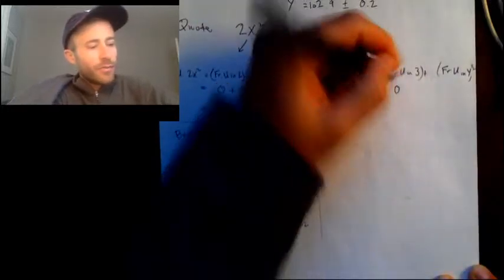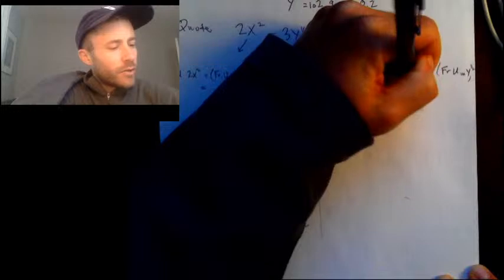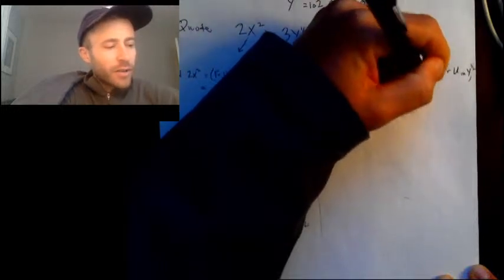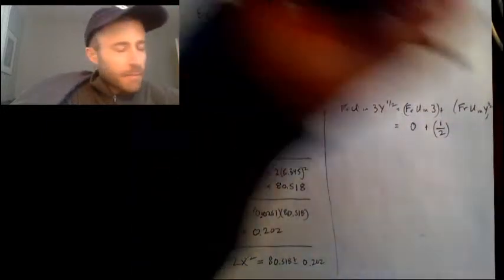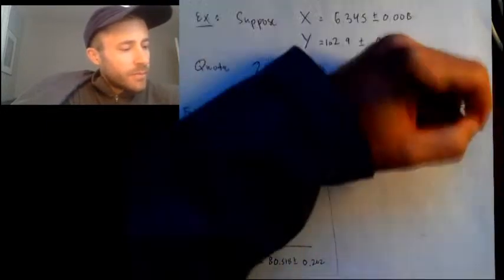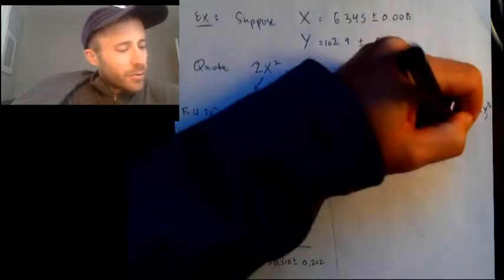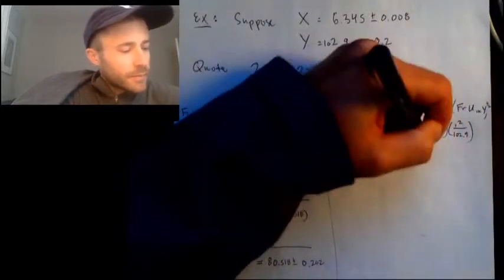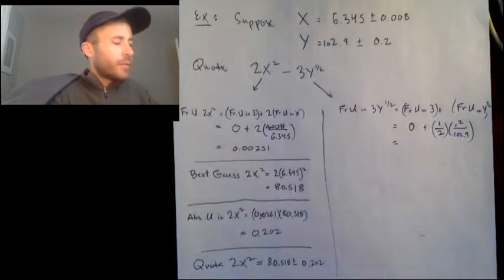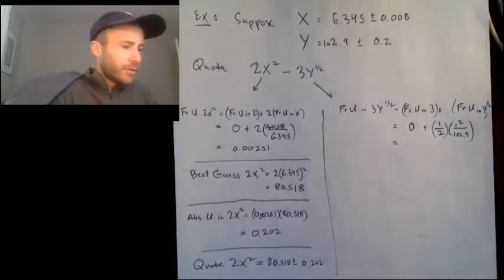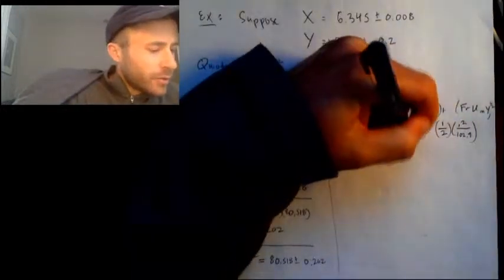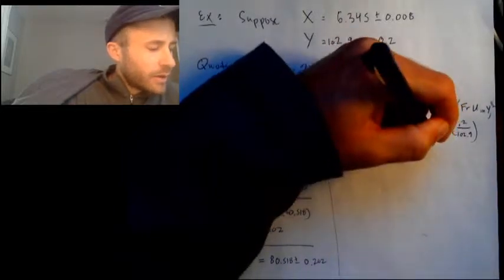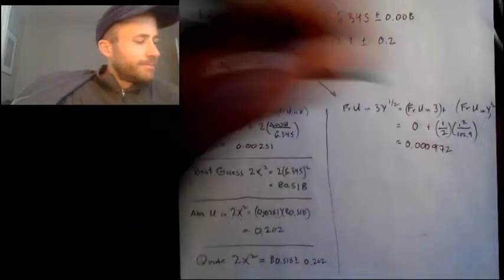So this is going to be 0 for 3, plus, because it's raised to the 1/2 power, the fractional uncertainty in y multiplied by 1/2. The fractional uncertainty in y is going to be 0.2 divided by 102.9. So that means my fractional uncertainty is going to be 0.000972.